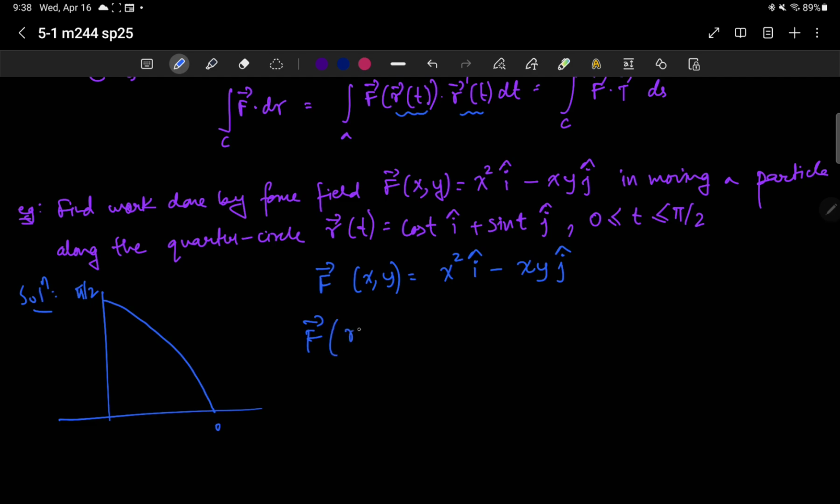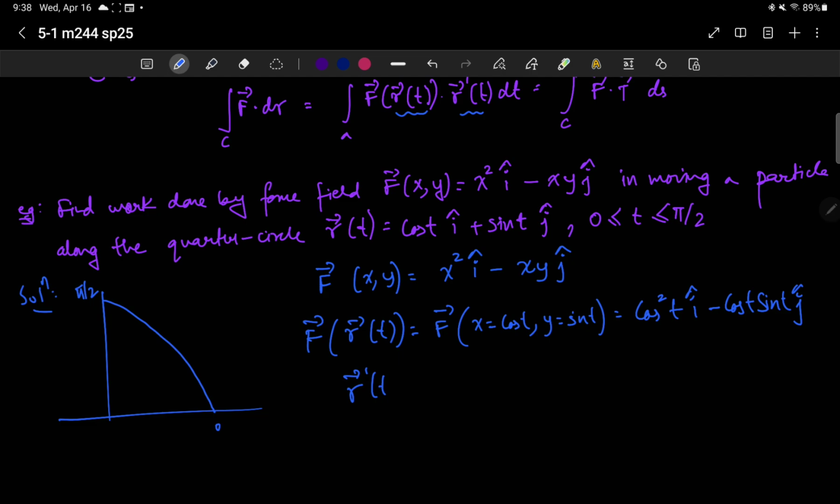In this case, the parameters are r(t), which means x equals cosine t and y equals sine t. When I plug that in, I get cosine squared t i cap minus cosine t sine t j cap. And r prime t, if you take the derivative, is negative sine t i cap plus cosine t j cap.